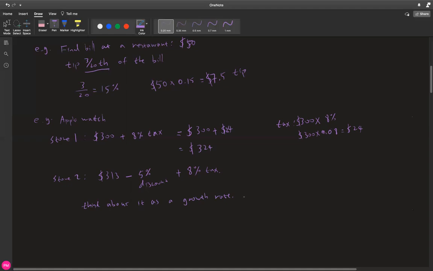So here it is R equals negative 0.05 because it's 5%, and this is in decimal clearly. So the big R, the common ratio, would actually be 1 minus 0.05, so it's 0.95.